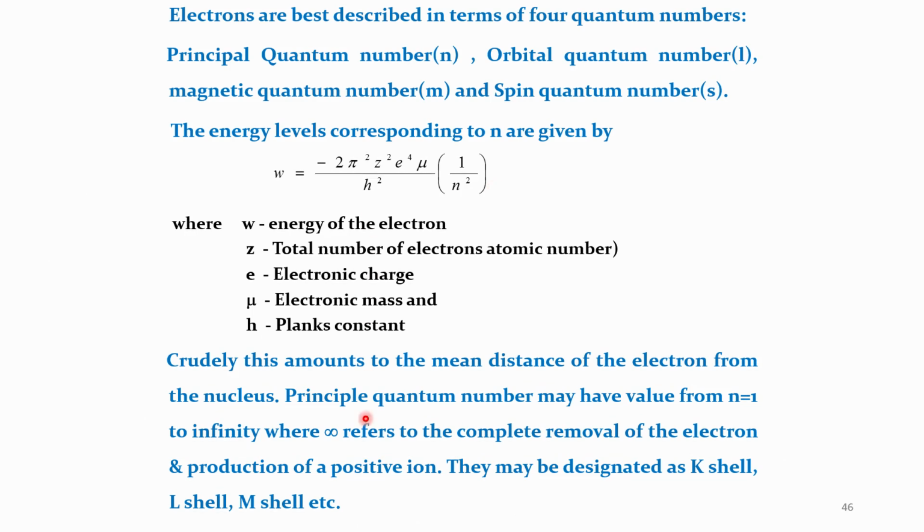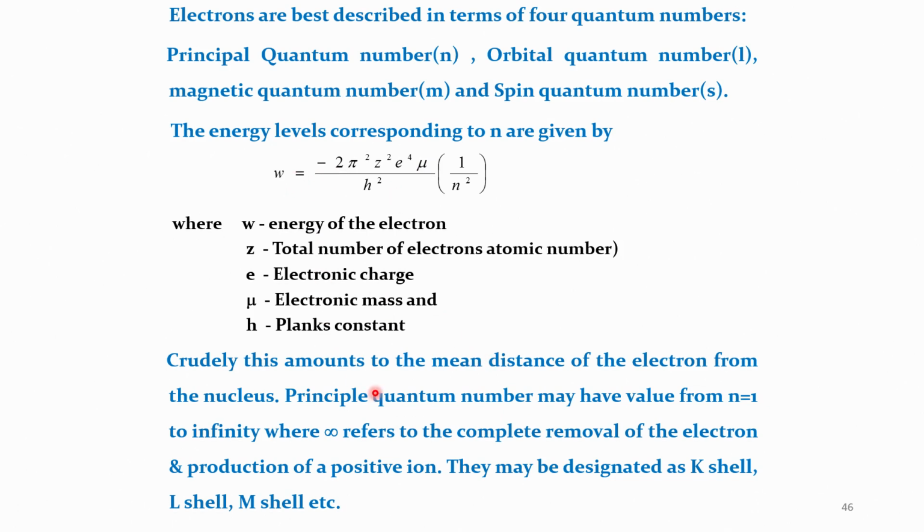This equation represents the energy at any particular level. Here W is the energy of the electron and Z is the atomic number, e is the electronic charge, mu is the electronic mass, and h is Planck's constant. All those things are very well known, and the energy of a particular level can be calculated simply by putting n. All other things are constant. This is known as Rydberg's constant. Basically, what does it mean?